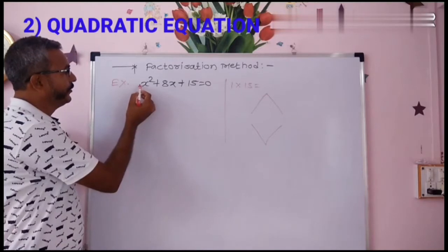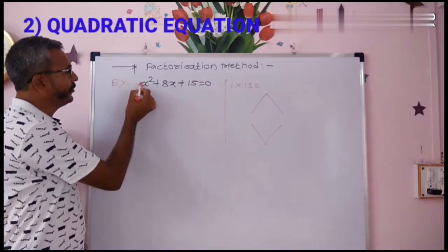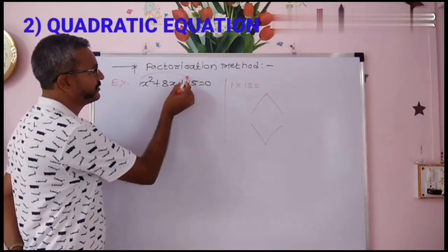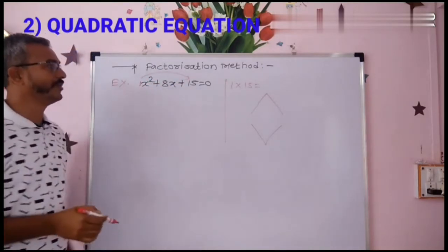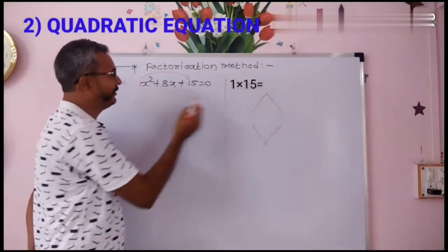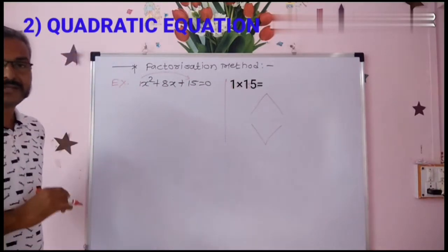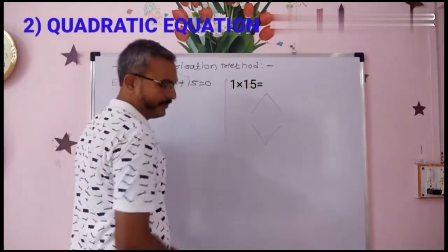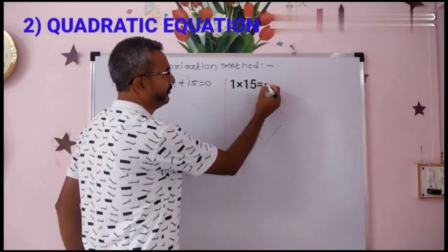So we take the coefficient of the first term, that is the quadratic term, and multiply this coefficient with the constant term. That is 1 into 15. There is no coefficient written, which means 1 is the coefficient. 1 into 15, we get the product 15.